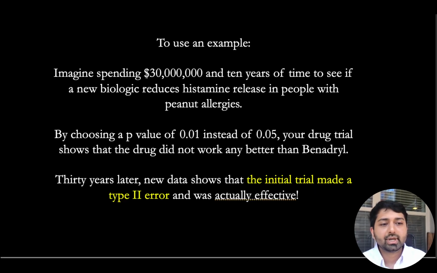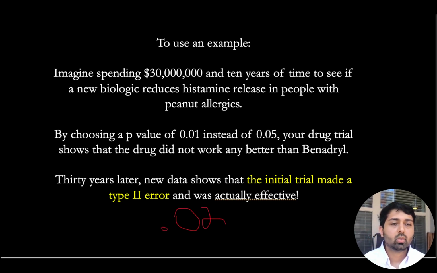I think this makes more sense if you use an example. Let's say we spent $30 million developing a drug, and we wanted to see if a new biologic reduces histamine release in people with peanut allergies. By choosing a p-value of 0.01, your drug trial shows that the drug did not work any better than Benadryl. Essentially what we're saying is our drug had a p-value of 0.02.